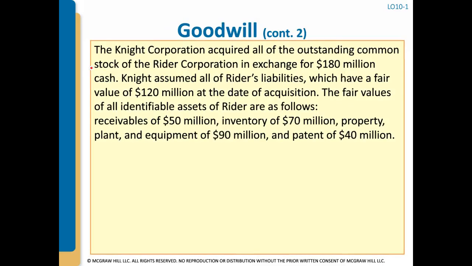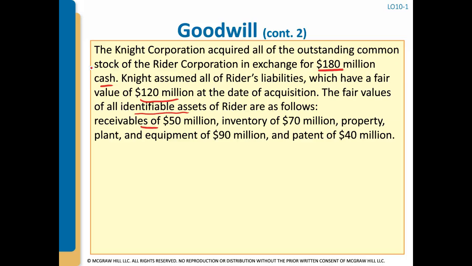Let's take an example. The Knight Corporation acquired all of the outstanding common stock of the Ryder Corporation in exchange for $180 million cash. That is our selling price. Knight assumed all of Ryder's liabilities, which have a fair value of $120 million at the date of acquisition, and the fair values of all identifiable assets of Ryder are as follows.